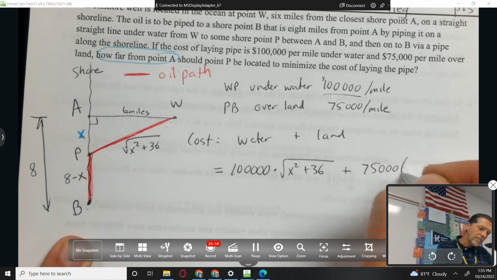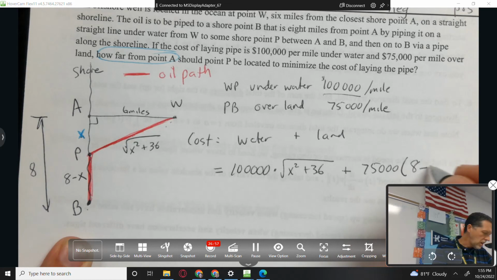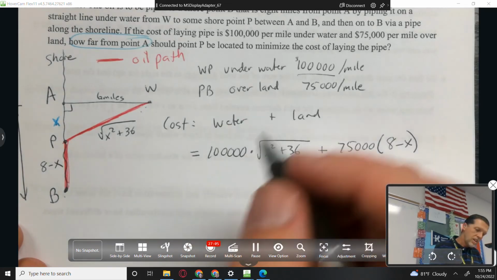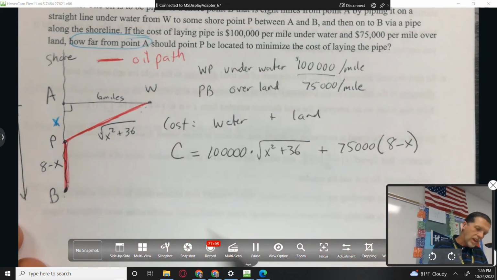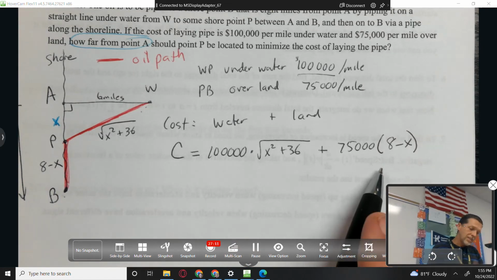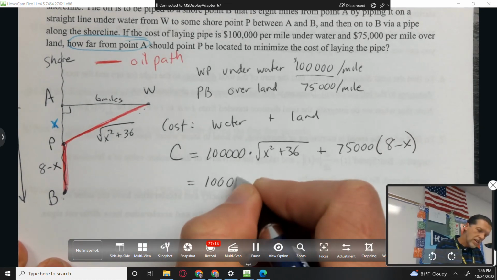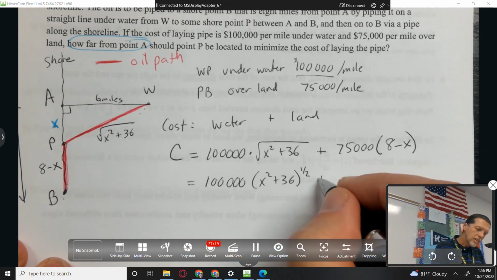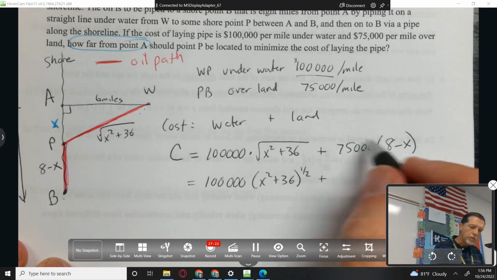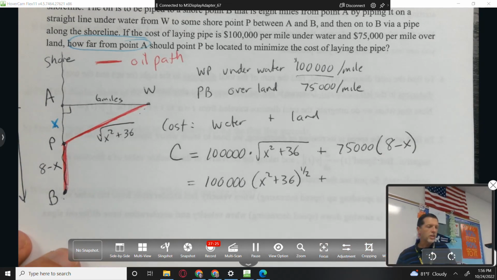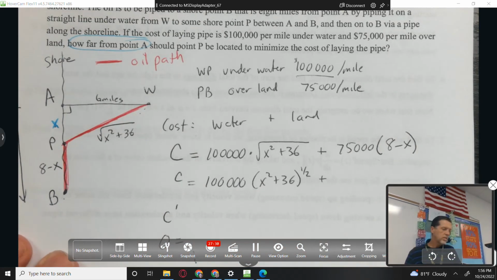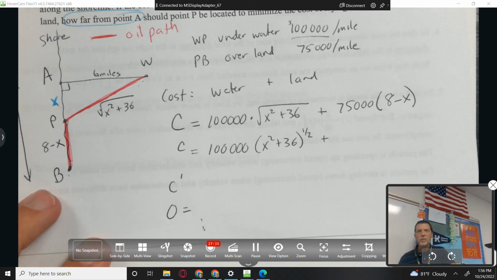And then $75,000 from P to B. And it's only one variable, so that's nice. $100,000, x squared plus 36 to the 1/2. I would distribute that because the constant's going to go away when you take a derivative. C prime, set it equal to 0, go from there. But the hardest part is setting it up.